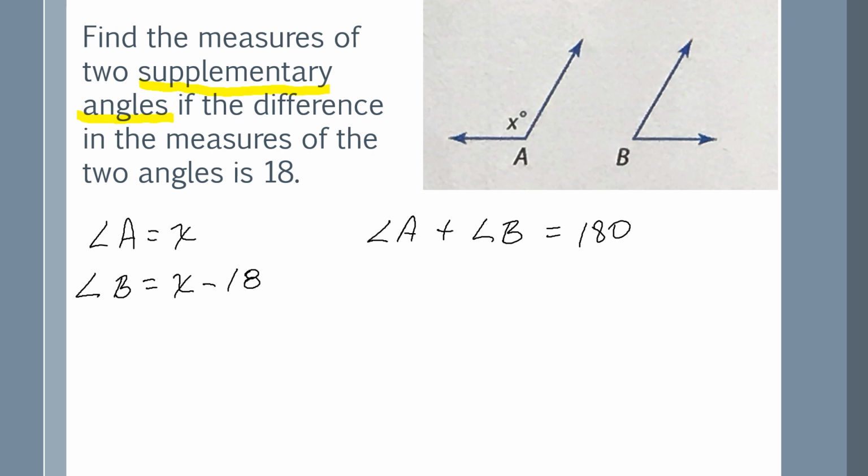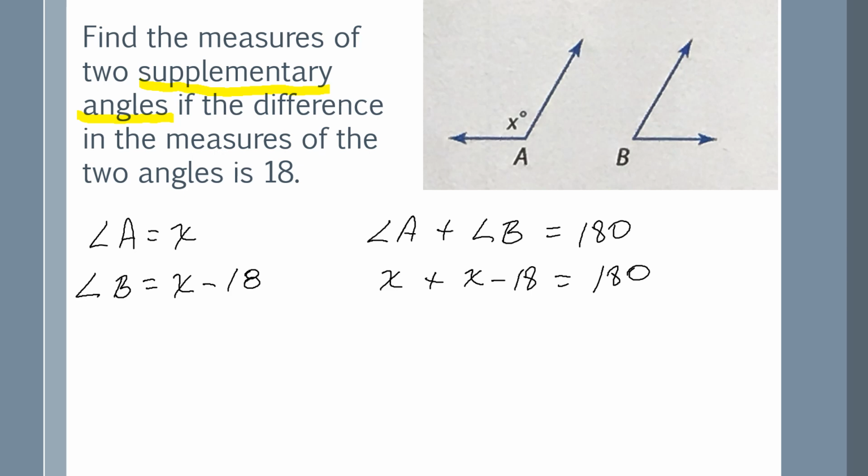From here, we're going to use what we've learned and say, if angle A is equal to X, we substitute: X plus angle B, which is X minus 18, is equal to 180. Now we just do some basic algebra.